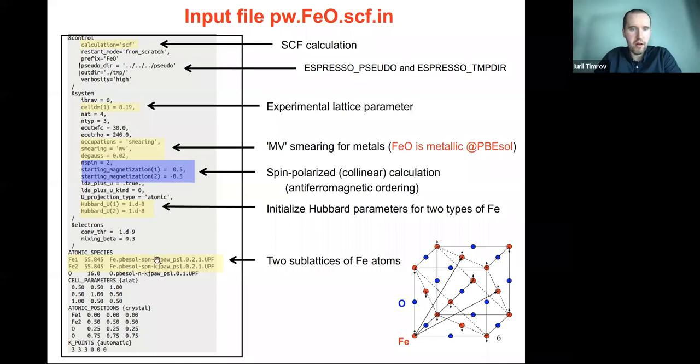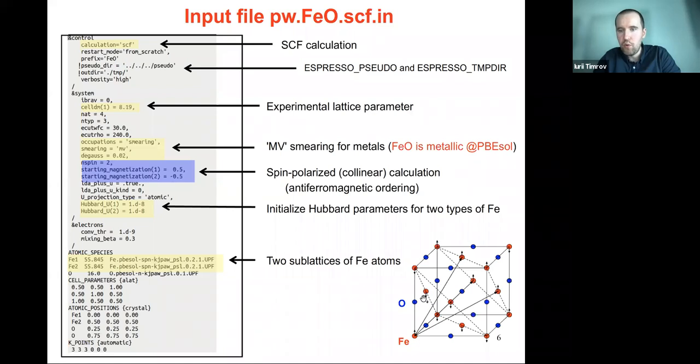Next, we have in yellow also highlighted the atomic species. We have two types of iron, iron 1 and iron 2, and we use PAW, projector augmented wave pseudopotentials. So why do we have two types of iron, iron 1 and iron 2? This basically means that we have two sublattices. In this cartoon, they are shown as red and blue balls.